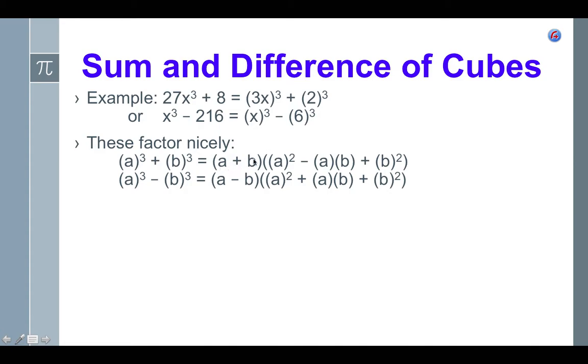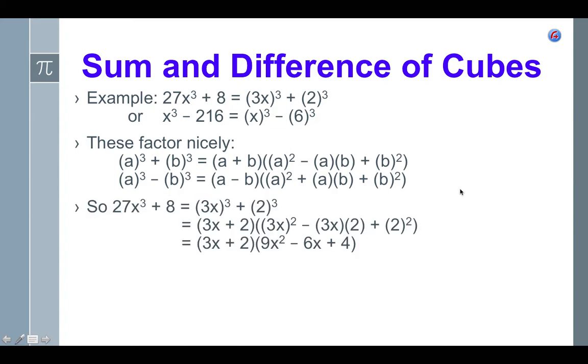This becomes a plus b times this new quadratic, a squared minus a times b plus b squared. And the difference of cubes, a cubed minus b cubed, can be factored to a minus b times the quadratic a squared plus a times b plus b squared.